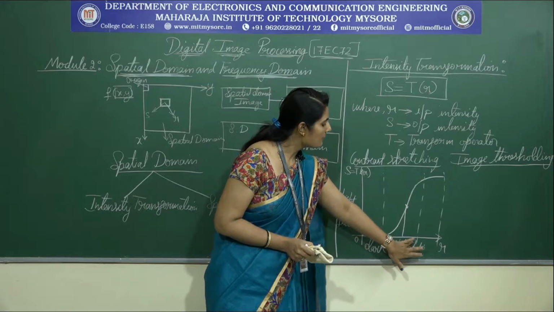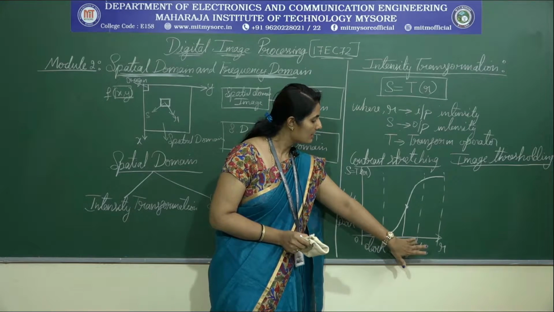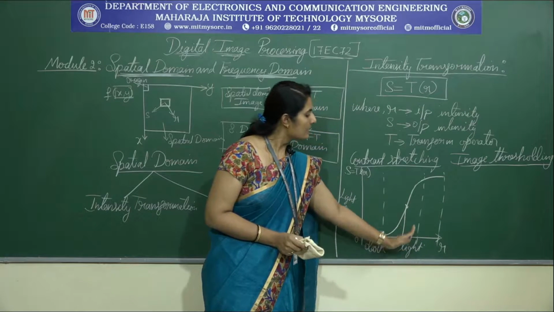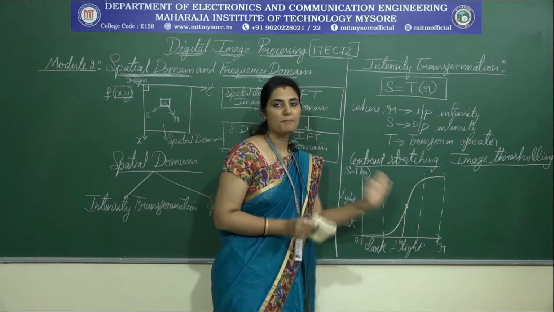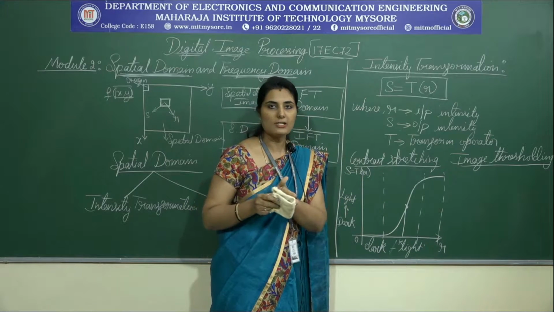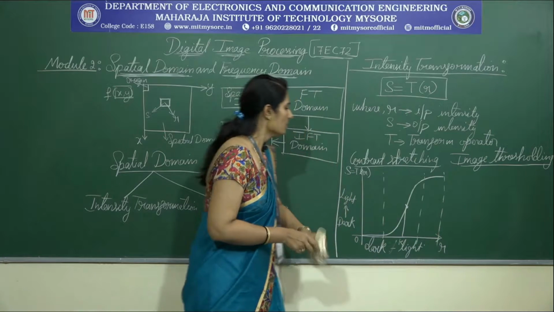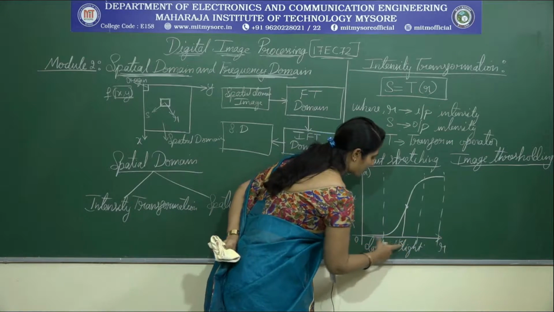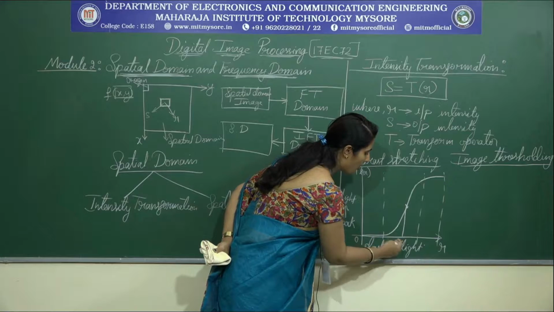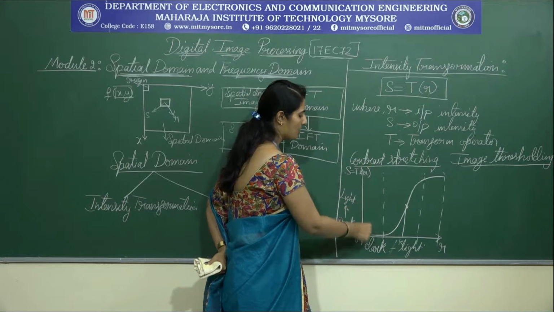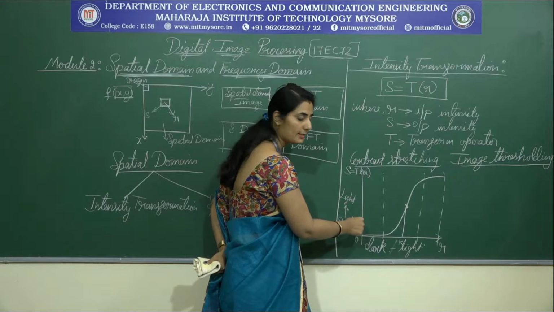So if the intensity value of R is greater than K, then this is mapped to the narrow range of values towards the brighter region. Okay. So that means if the value of R is less than K, that is mapped to the narrow range which is towards darker.